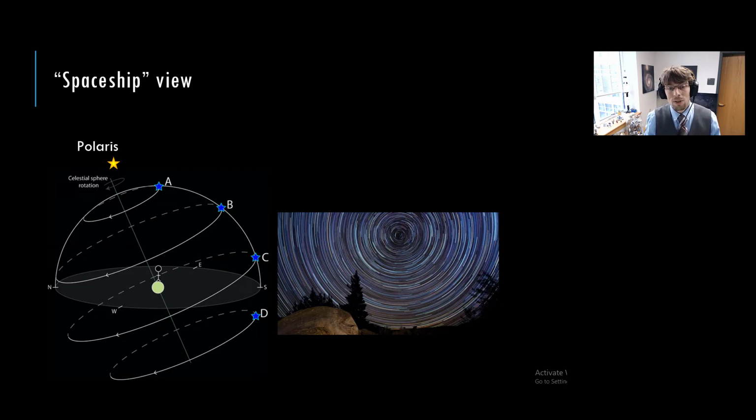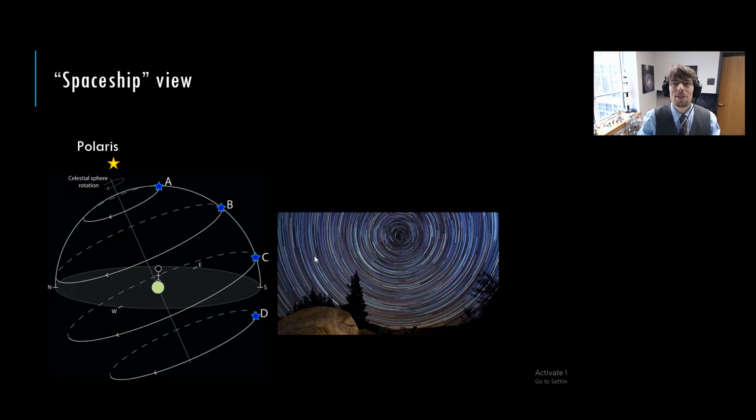Okay? So I sometimes refer to this vantage point as the horizon view. You are the observer on the Earth, you have a horizon, and you're envisioning what the sky would look like as the celestial sphere rotates.